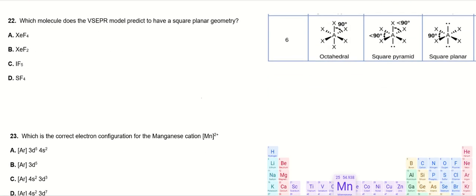All right. Which molecule does VSEPR predict to have a square planar geometry? Well, that means the central atom needs to have 4 around it. So we can eliminate B, we can eliminate C. They wouldn't give you squares because you would need to have 4 surrounding a central atom. We just did this one, so we know that's not the answer.